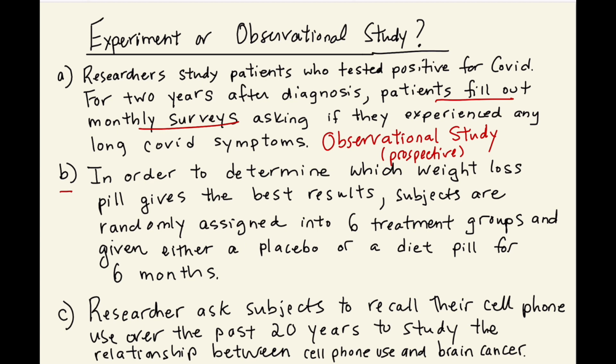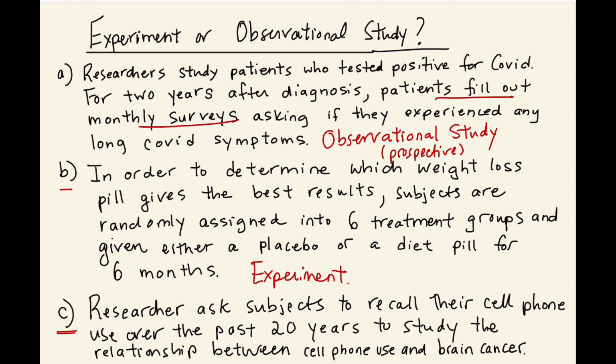B, in order to determine which weight loss pill gives the best results, subjects are randomly assigned into 6 treatment groups and given either a placebo or a diet pill for 6 months. This is an experiment. Okay, and in this case, we can see that our subjects were given a treatment or modified by the researchers, and so this is an experiment.